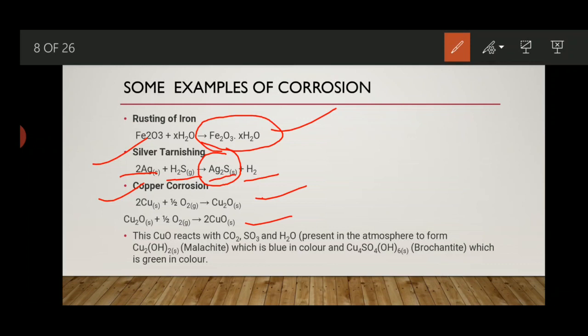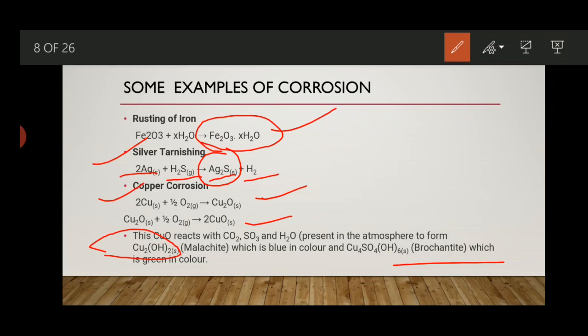And this copper oxide reacts with carbon dioxide, sulfur trioxide, water molecules, or in the presence of any other chemicals, and forms a compound, basic copper carbonate, or other chemical compound, by which the color of copper utensils or copper metal gets changed into blue or green. So these are the examples of corrosion.